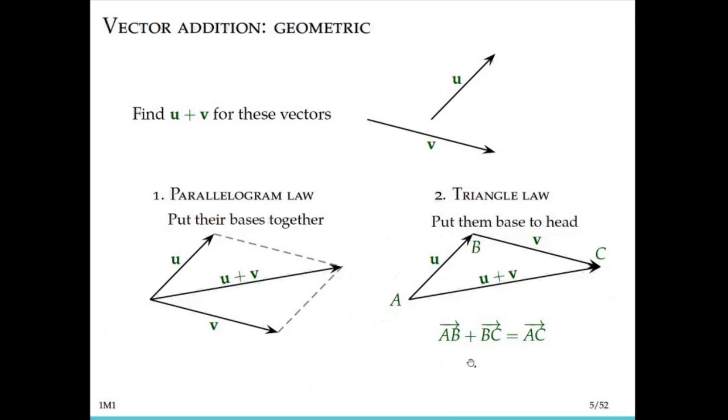And then the vector v is the vector from B to C. That's BC with the line over it. And then when we add them together, we get the vector from A to C. And there's a convenient way to remember how this works. You have A to B, you just go from A to B, and then you go from B to C, and so that's equivalent to going from A to C. Forget that you've passed through B along the way.